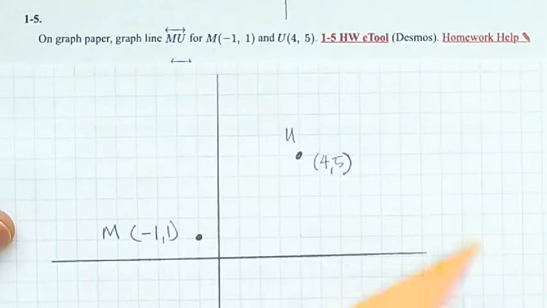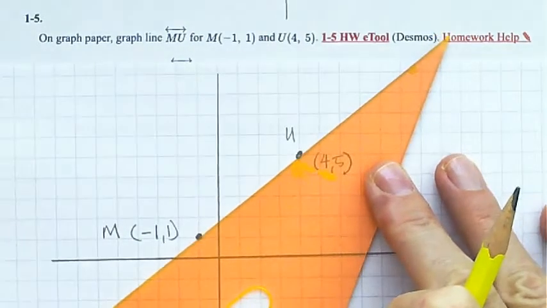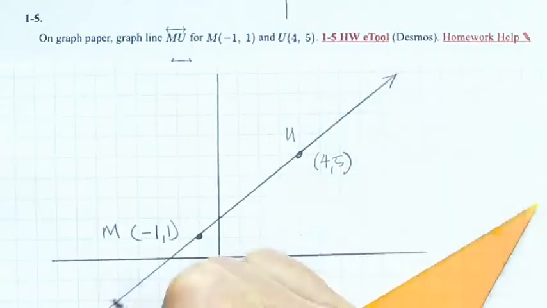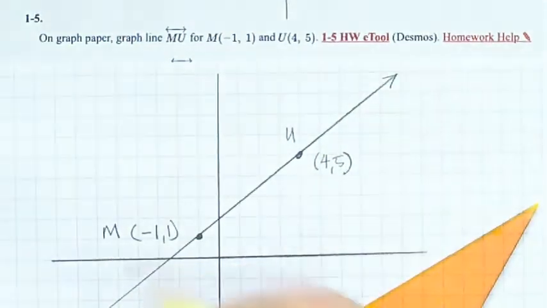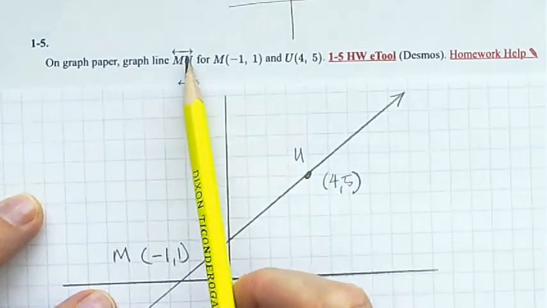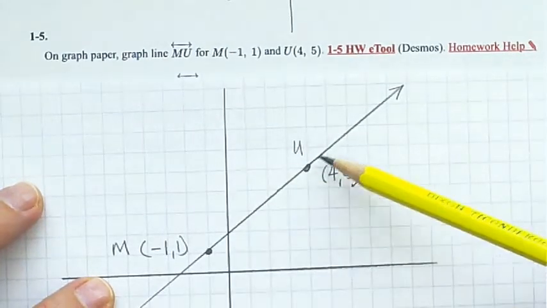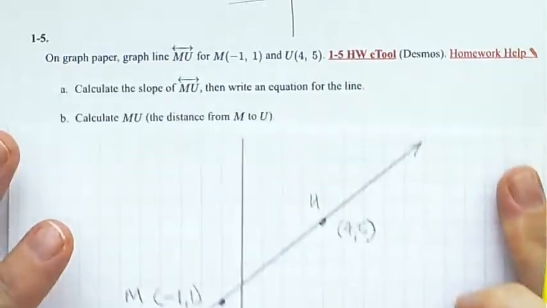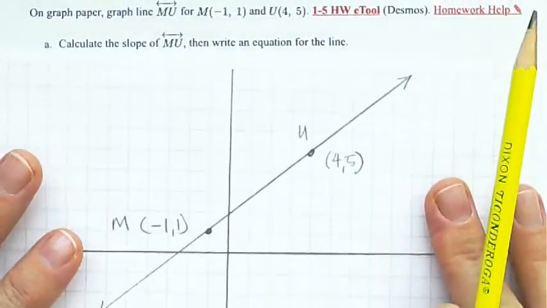And we're going to draw the line going through those 2 points. A line goes on forever and ever to infinity without end. That's what those 2 arrows mean. If it didn't have the arrows, it would just be a segment and it would be stopping at those 2 endpoints.